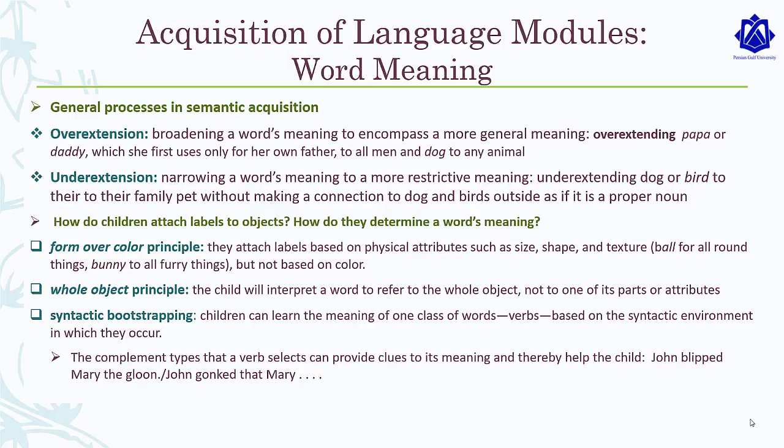But this process of using a word as if it is a proper noun for the family pet rather than for all the dogs is underextension, narrowing the word meaning to a restrictive meaning, narrowing it down to a certain object rather than using it as a label for the category of objects that it refers to.